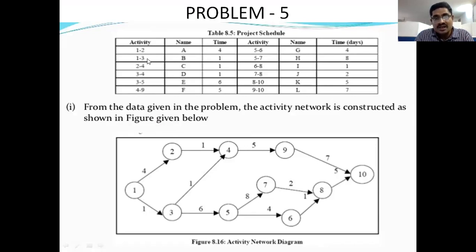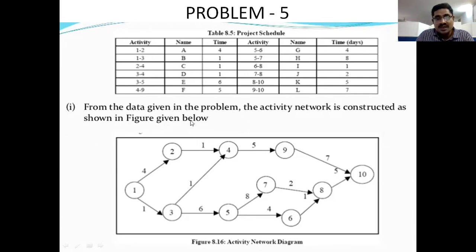In this 2 to 4 activity, we have 1 hour of time.